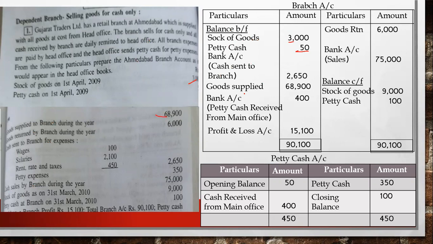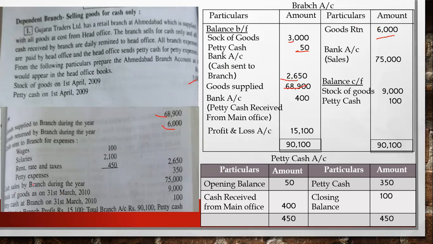So goods supplied 68,900, and return is reversed. Goods returned 6,000 will be credited. Then expenses are paid by the main office or head office. So we will write down bank account, that is cash sent to the branch 2,650 rupees.